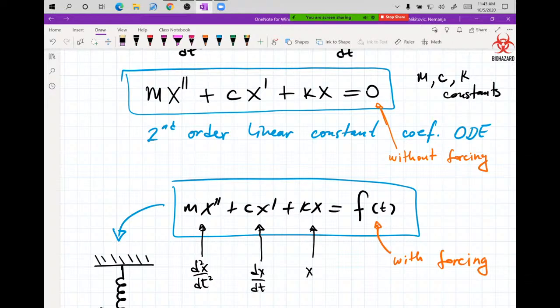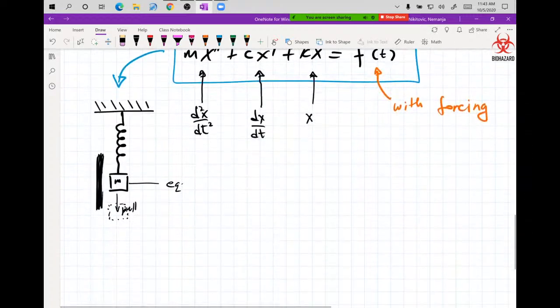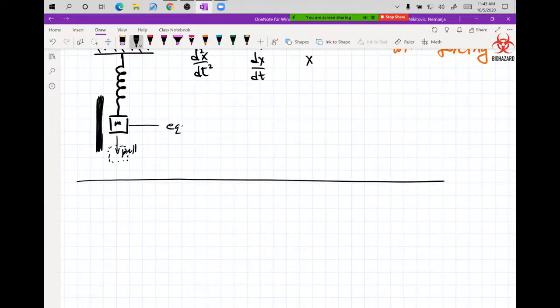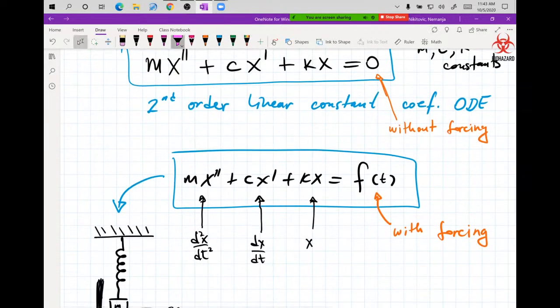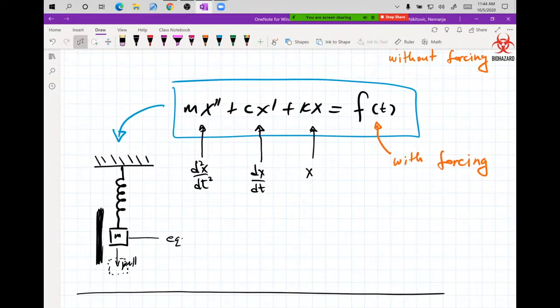That was my mistake there. So please fix that. Make sure you all have t over here. It's f of t, a function of time. How frequently are you pushing the kid on the swing? Again, not the pendulum, but how frequently do you tap this one to go up and down? So we have that forcing.